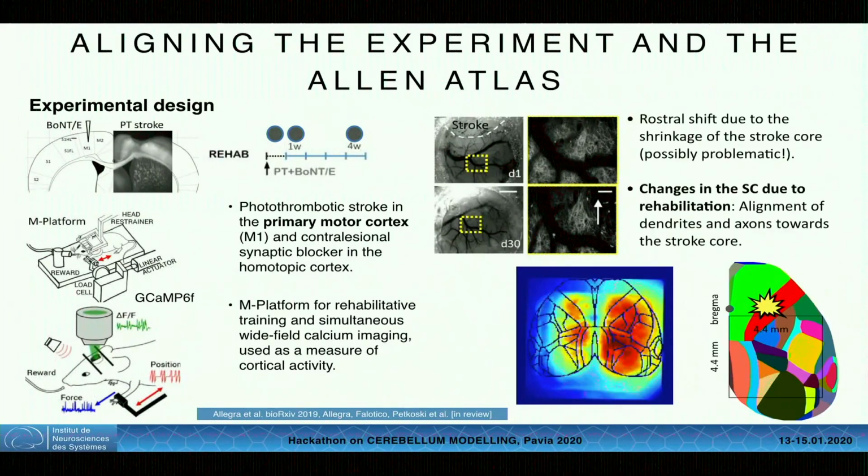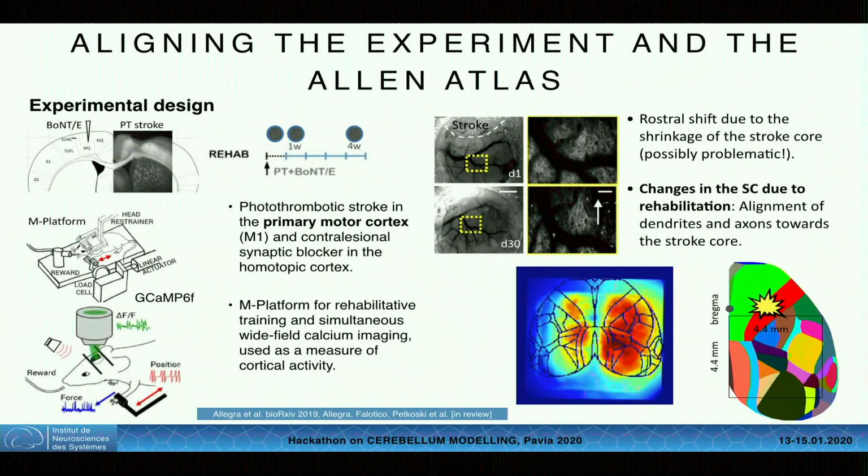That's how the data looks. Basically, it's wide-field calcium recording, depending on which animal it was, either one hemisphere or two hemispheres. We overlay on top of that the division of the cortical regions that we have from the Allen Atlas.